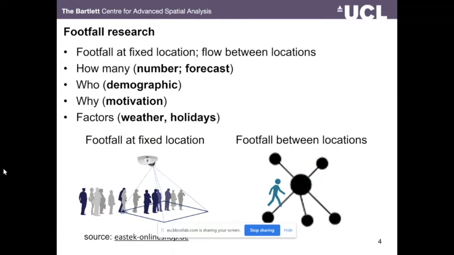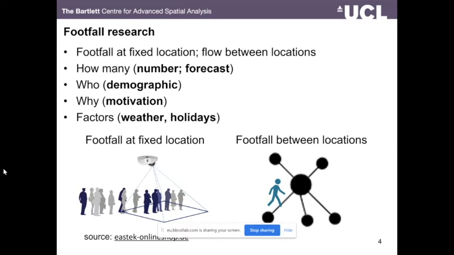If we think about footfall, there are different types of footfall and different questions that we can extract from the footfall data. For example, with footfall at a fixed location, like using a footfall counter for a specific location, we can know how many people pass this location at a specific time.